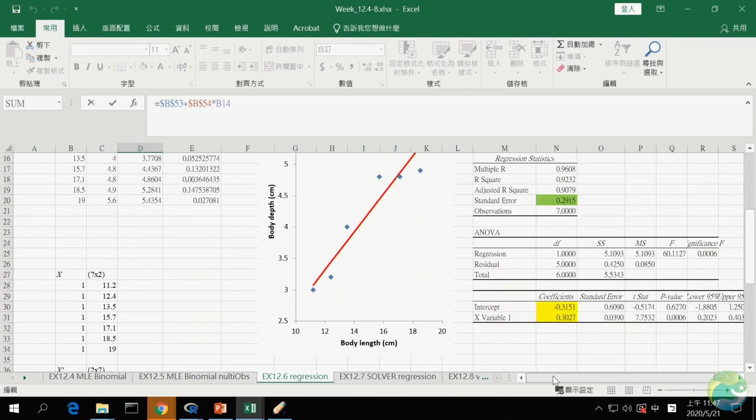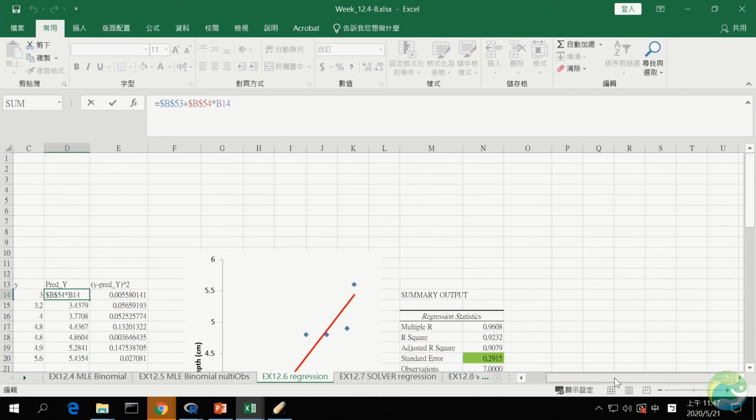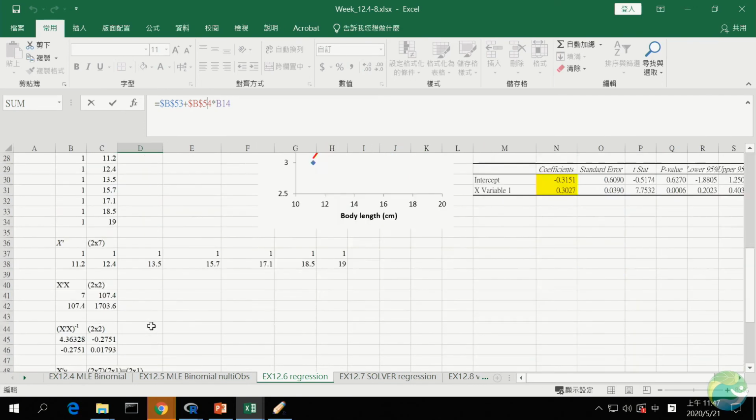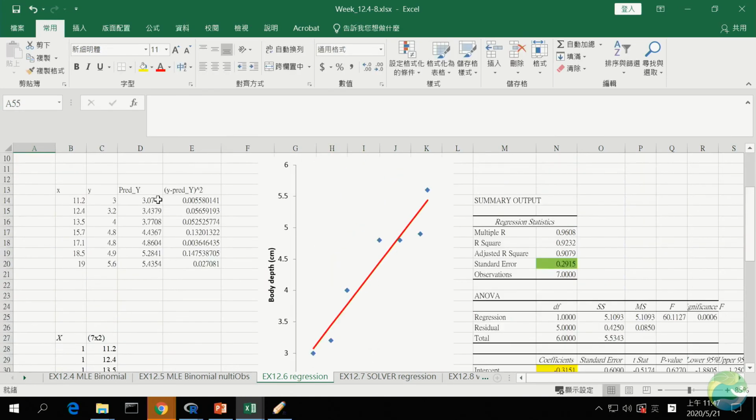The initial value is, where is it? A and B. Here, A and the B. Right, this is A. A and the B. So this is the predicted value.